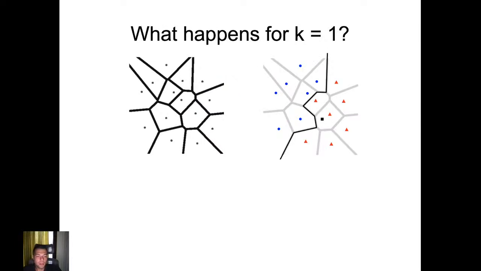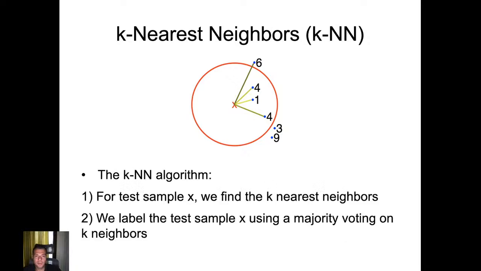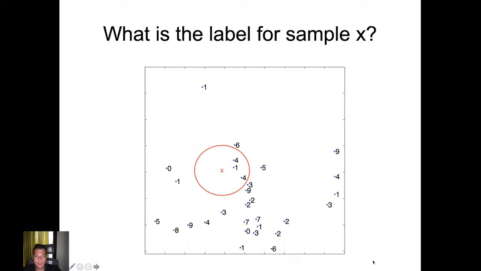Okay, so an interesting thing is that when k equals 1, if you go back to this figure here, and you consider that for every location you give the label corresponding to the one nearest neighbor. So for example, in this region, this is divided by a boundary between 0 and 1.